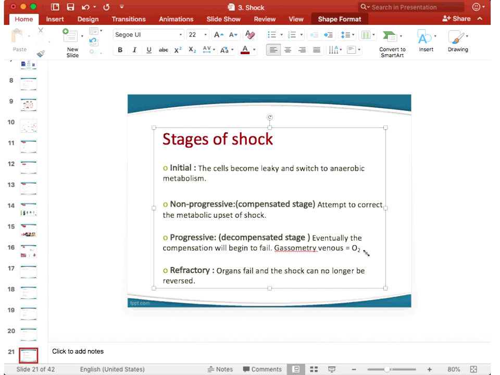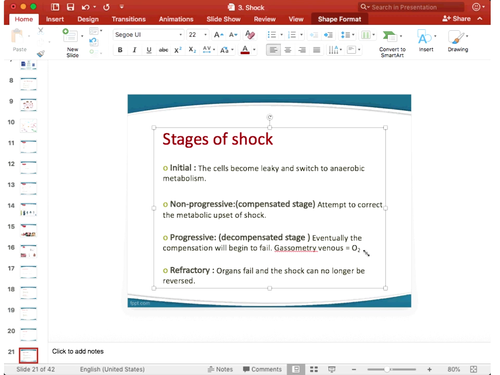If you see that your oxygen is way too low compared to the normal settings, that means that your tissues are consuming a lot more oxygen than the one that is being provided. This is an indirect analysis to determine if your patient's still under lack of perfusion.